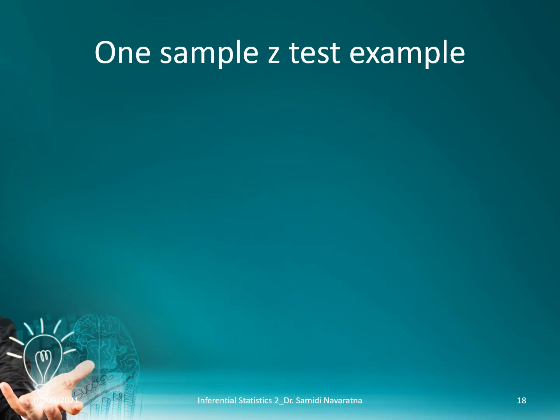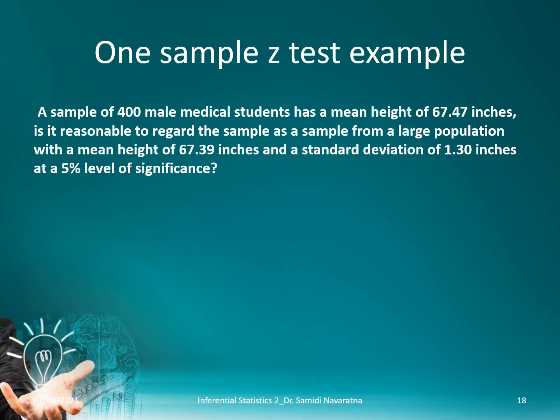So let's look at an example where we can use the one sample Z test for hypothesis testing. A sample of 400 male medical students has a mean height of 67.47 inches. Is it reasonable to regard the sample as a sample from a large population with a mean height of 67.39 inches and a standard deviation of 1.3 inches at a 5% level of significance?